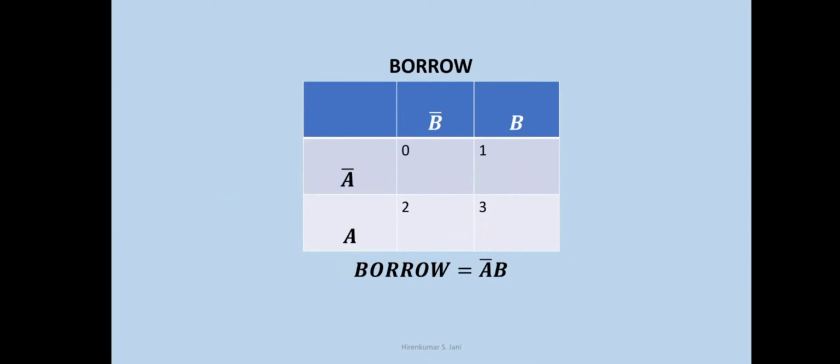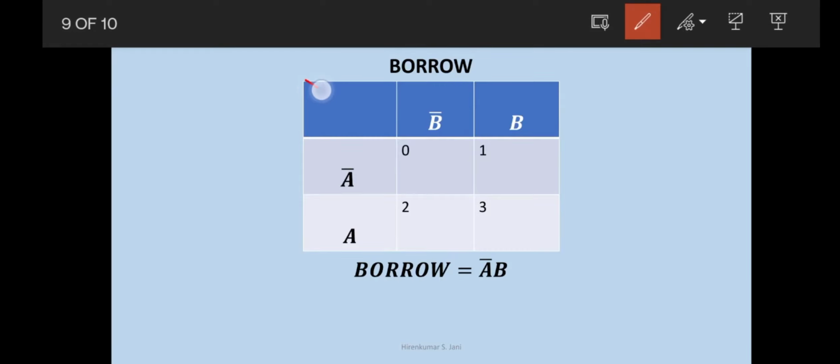For borrow, again we can write input A and input B. For the position 1, we will have 1. So, our equation for this one will become A bar B. So, for the borrow, we will have the equation A bar B.